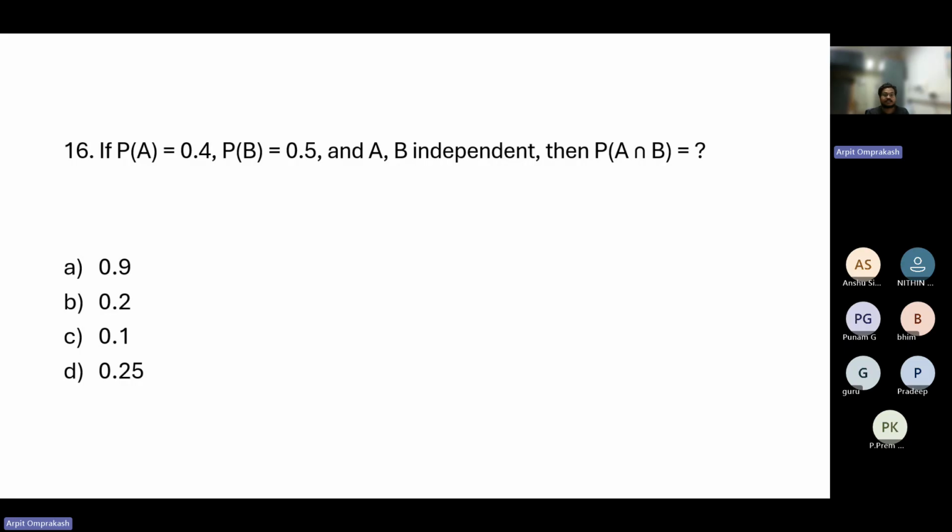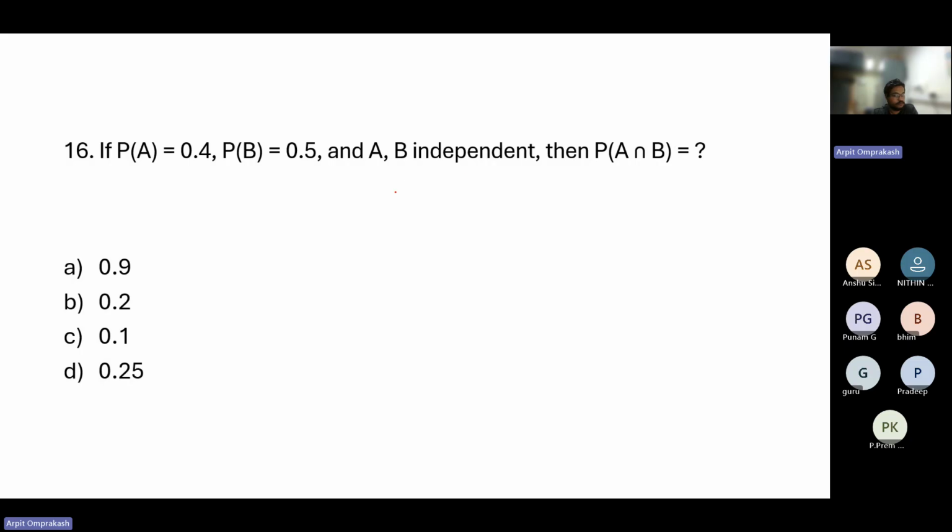Okay, someone said the answer is A. Does anyone have any other answers? Someone says C.